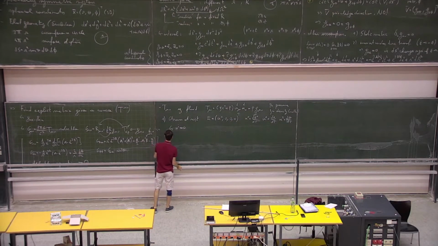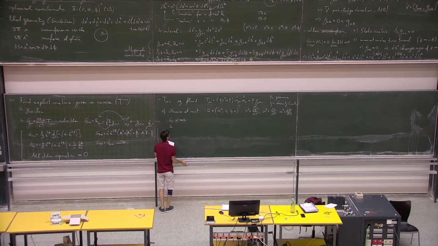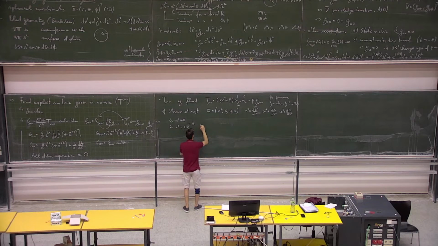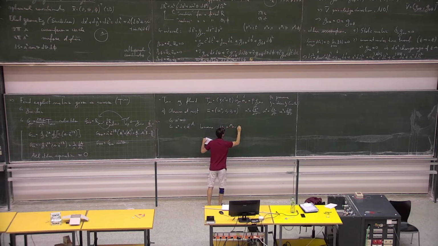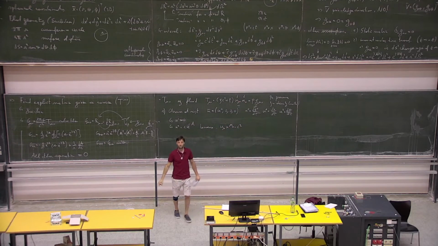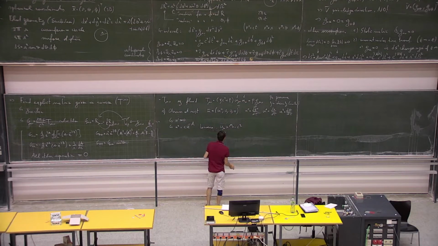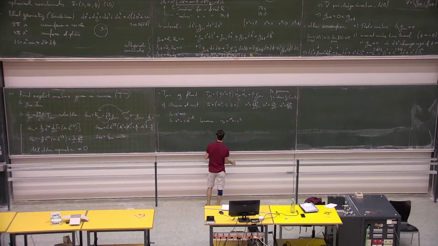Then we can also get a value for u0 associated to the metric. So u0 is equal to e to the minus A. Why is that? Well, because we know that u mu u mu must be equal to minus c squared. So you see, this is constrained. But this is a symmetry, therefore we can exploit our symmetry.